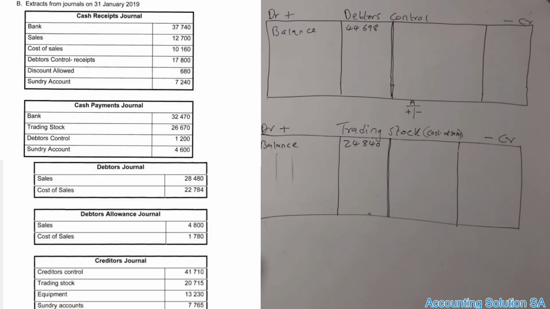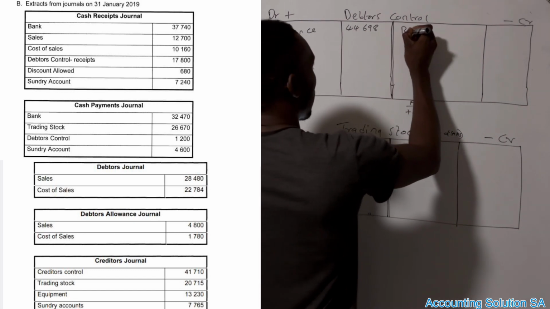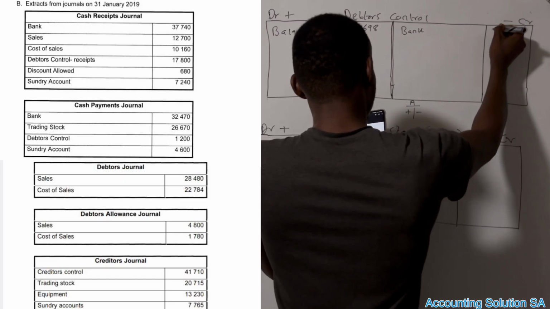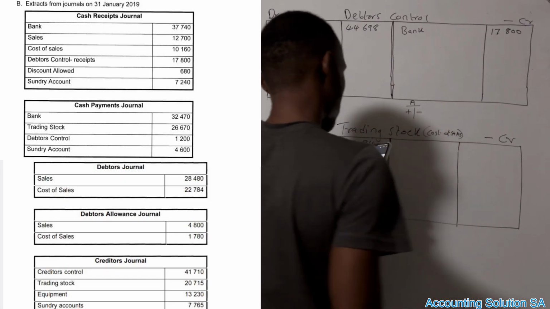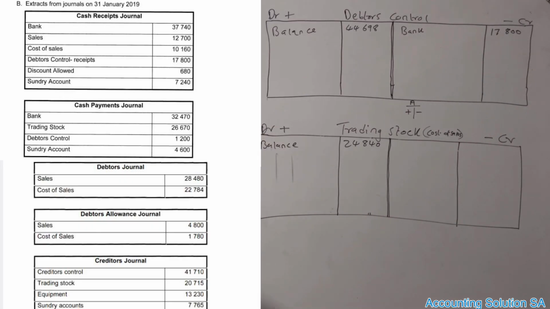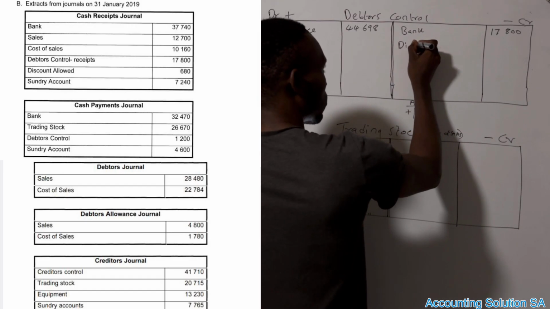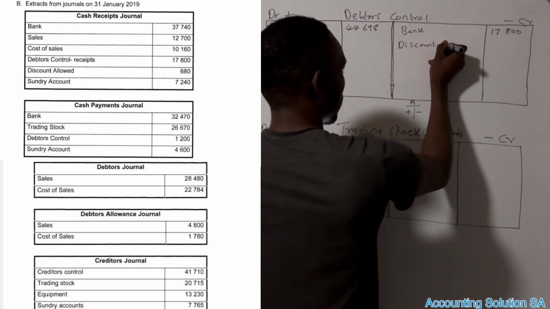He paid 17,800, which means that we're going to have a bank entry. Somebody paid and he reduced his debt by 17,800. Very simple. He reduced what? His debt. At the same time, we gave him a discount allowed, which is going to reduce his debt.